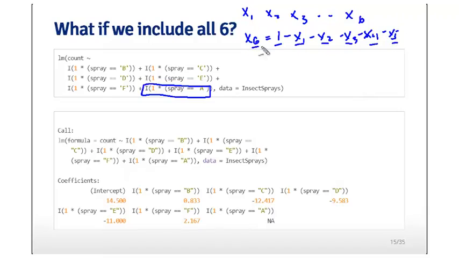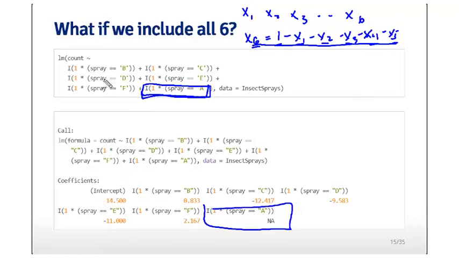So if we know all those, then we know x6. And that's, of course, just saying that if we know you're not spray B, C, D, E, F, then you must be spray A. That's all it's saying. But it's also saying that the indicator of whether you're spray A happens to be a linear combination of the other sprays and variables that we've included in the model. So this variable must be redundant, so when R fits it, it's got to give it an NA.